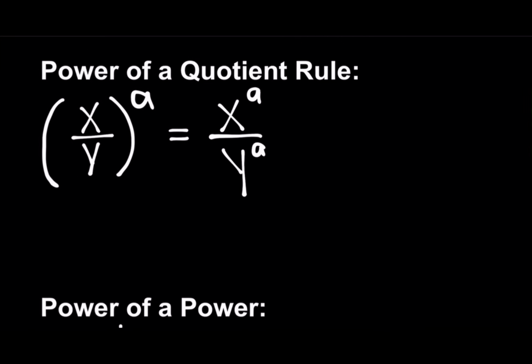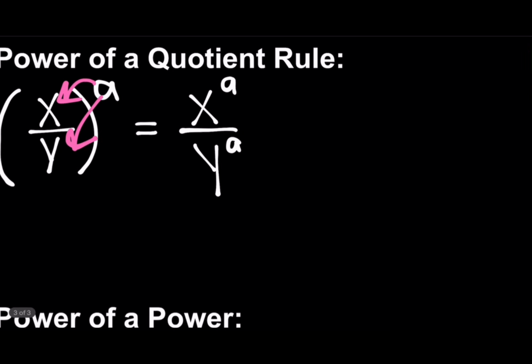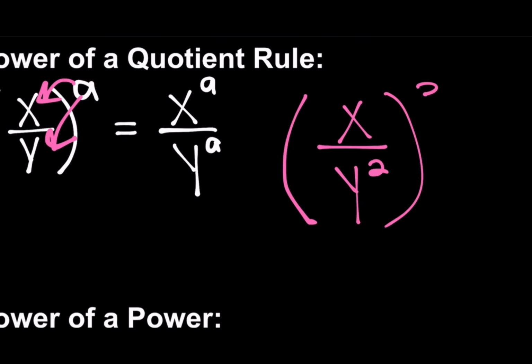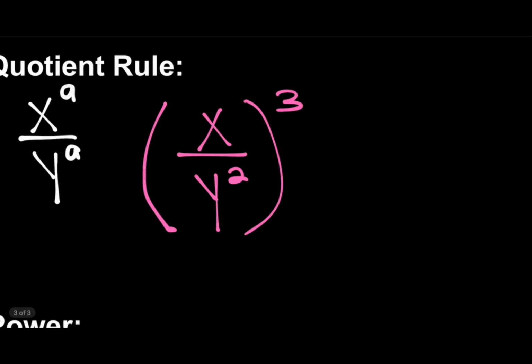So next we have the power of a quotient rule. It's also basically like the power of a product rule, except you're distributing the exponent over a fraction. So if we had like x over y squared and we cubed it, how would we use the power of a quotient rule to solve or simplify this problem?